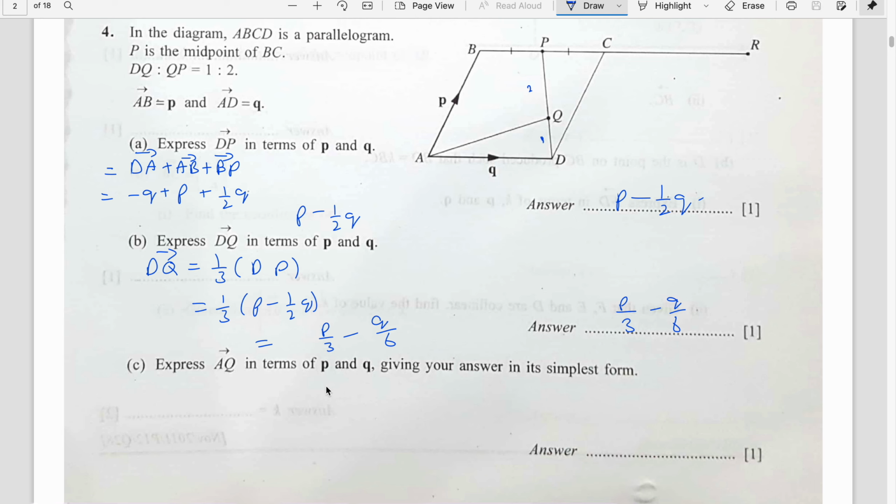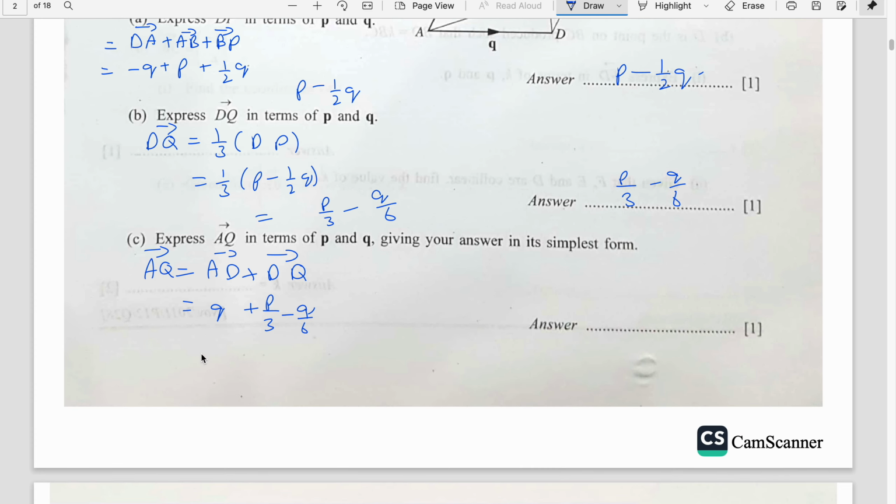Express AQ in terms of P and Q. Give your answer in simplest form. AQ is AD plus DQ. AD is Q and DQ from the previous part is P by 3 minus Q by 6.